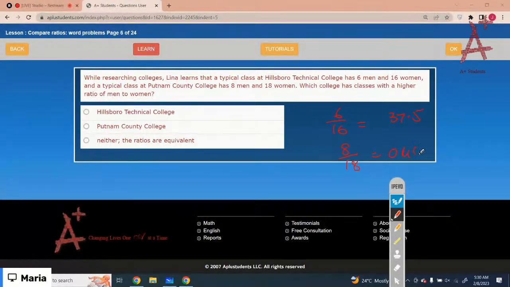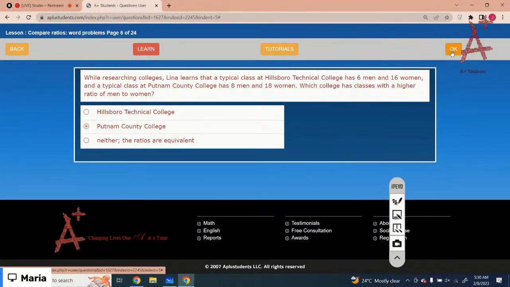So when you multiply it by 100, it would be 44. So which college has classes with a higher ratio? The higher ratio is the second one, 8 over 18. That means Putnam County College has the higher value. So just select the correct option and click on the OK button. Got it? Okay, we are done with the test.